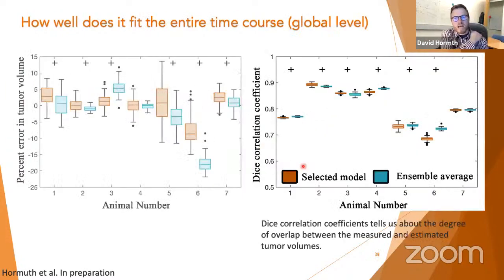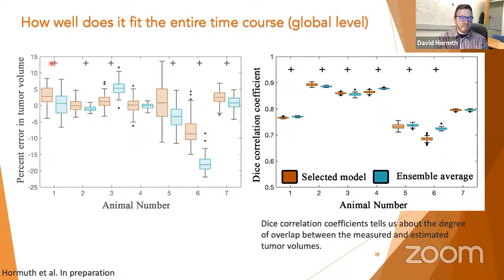So the first question was, how well does it fit the entire time course? Looking at the global level, just the tumor size and shape, we have percent error in tumor volume for all 7 animals for the selected model, which is orange, and the ensemble average, which is blue.